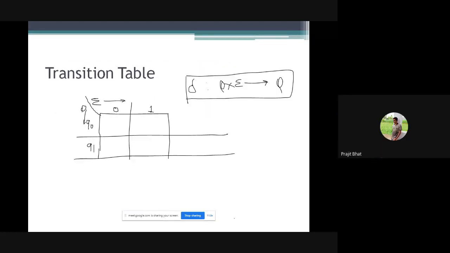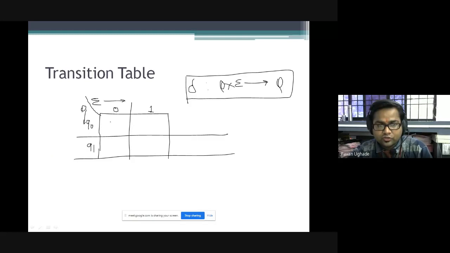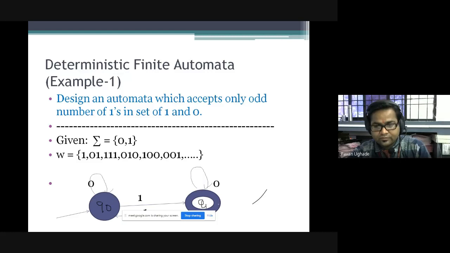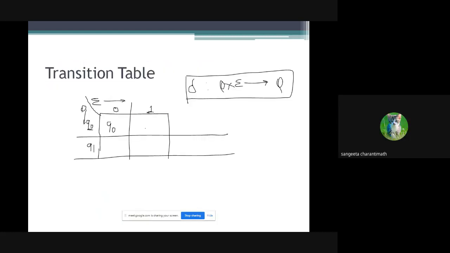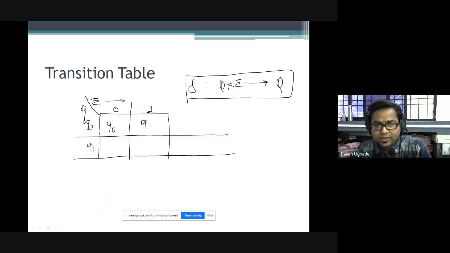Q0, yes, very good. So you can write down here Q0. Q0 over 1 under this cell, what will be your answer? It is going to Q1. Yes, you are going to simply write like this. Q0 over 1 goes to Q1.